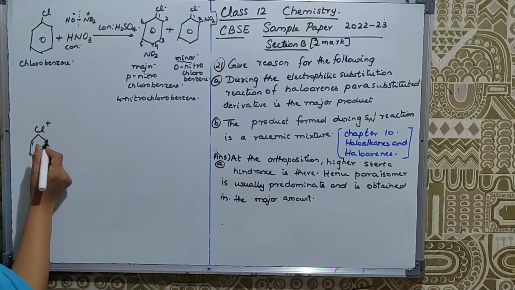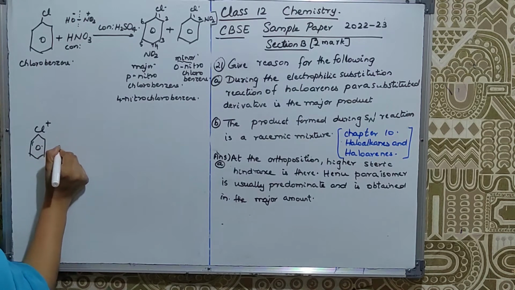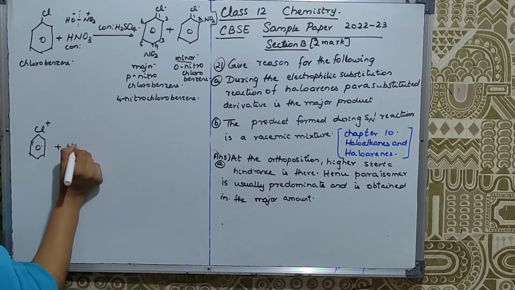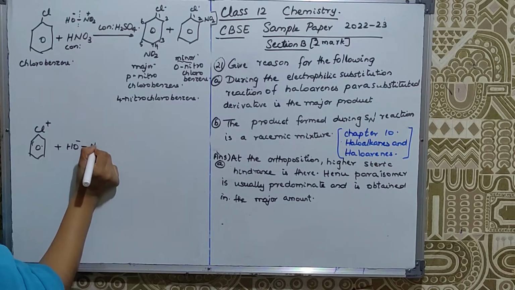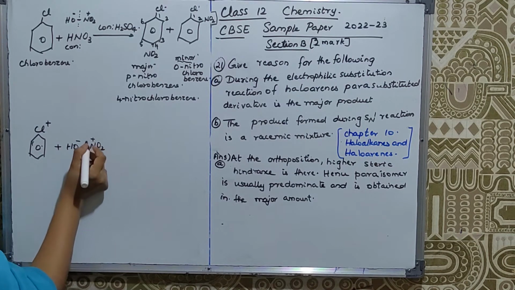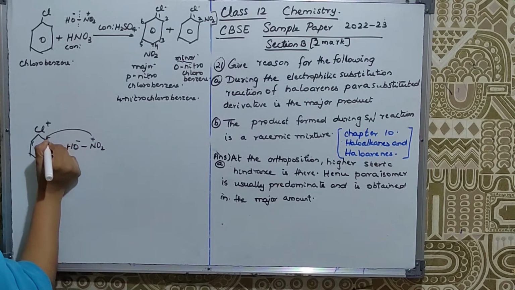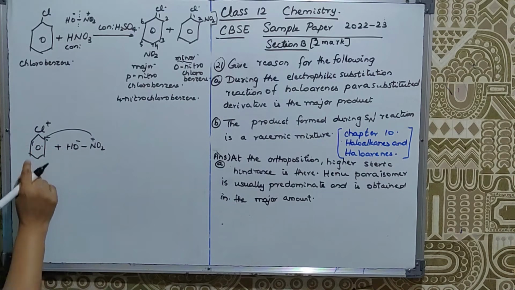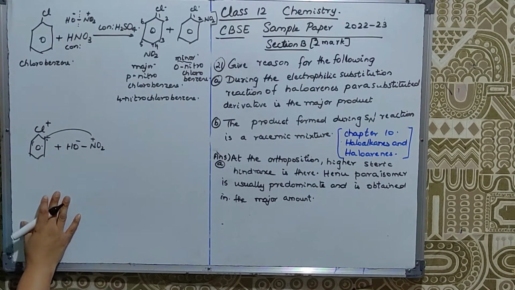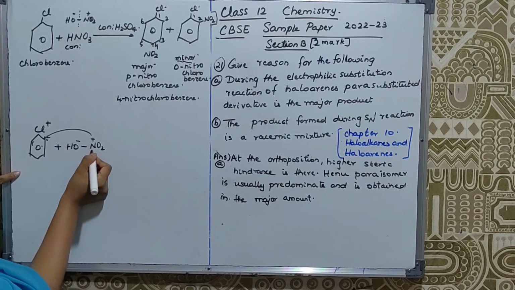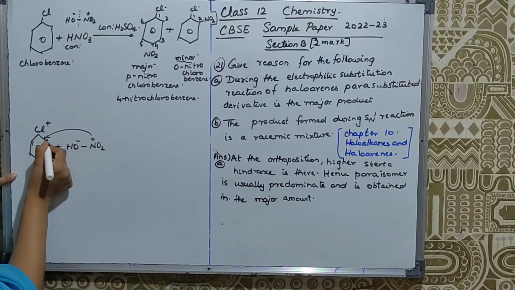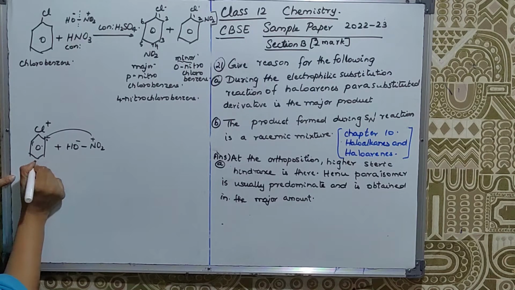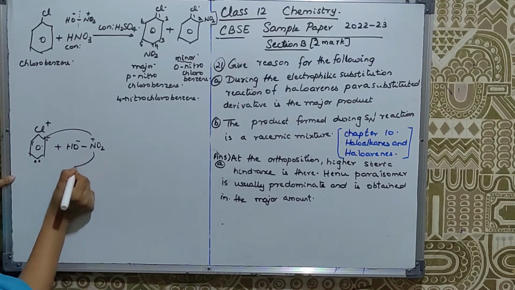This NO2 can come and attack the electron rich positions. Due to resonance, the ortho and para positions will become electron rich. So the nitro group can attack the ortho position as well as the para position.